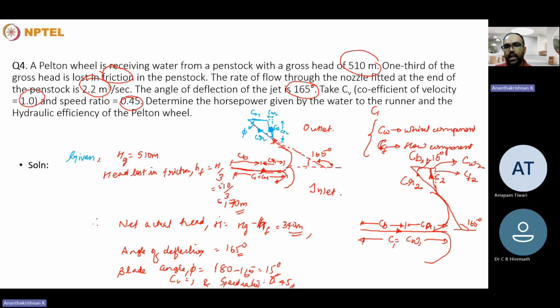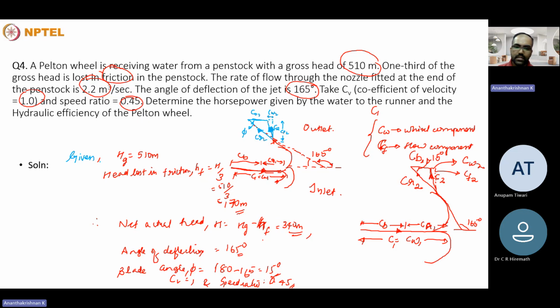So now we have drawn the schematic. Then we need to find the actual velocity. We do not have any information regarding the velocity in the problem. We only have the gross head that is available and the friction losses. So the net actual head we have determined.